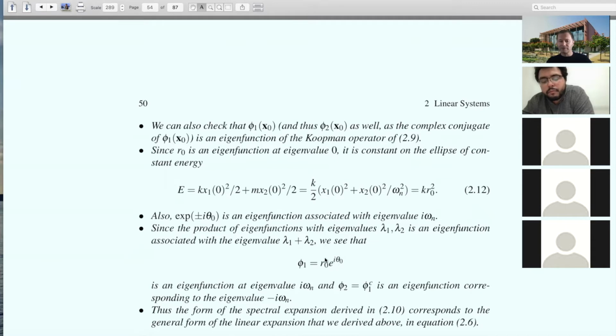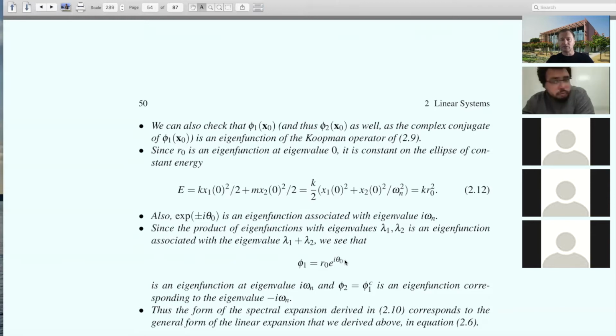R0 is an invariant, so it's associated with eigenvalue 0. And e to the I theta 0 is associated with eigenvalue I omega. Very similar for the minus I omega n eigenvalue, where again R0 would be associated with eigenvalue 0, and then e to the minus I theta 0 would be associated with eigenvalue minus I omega n.